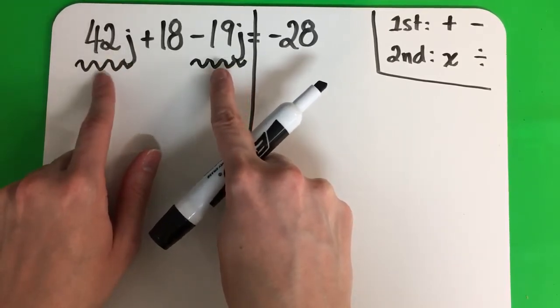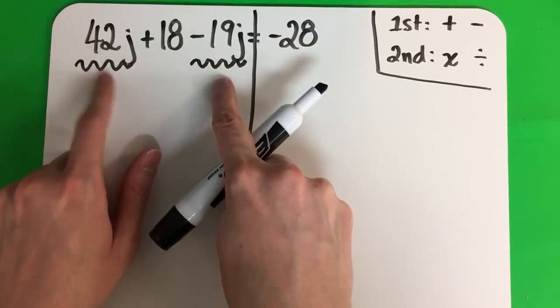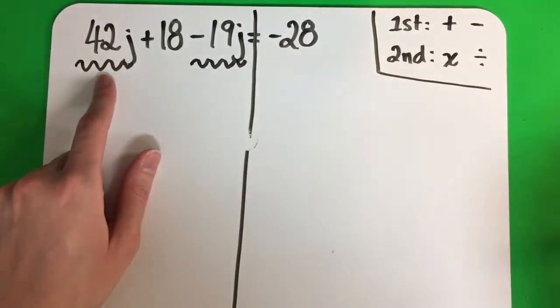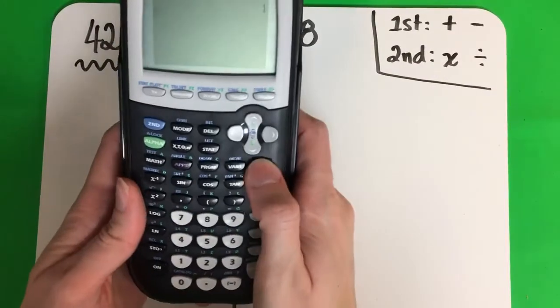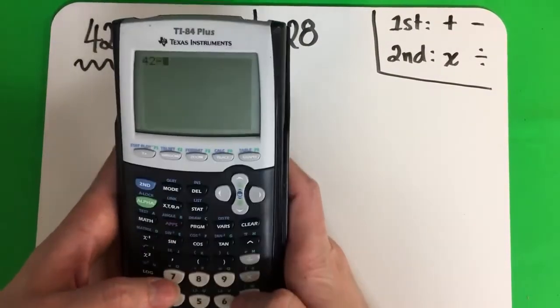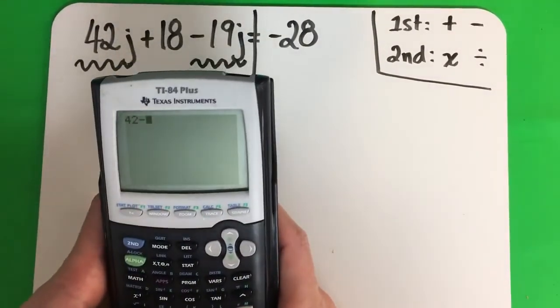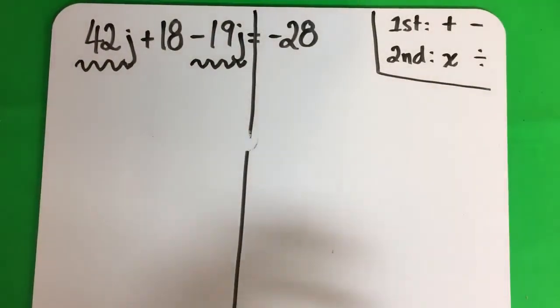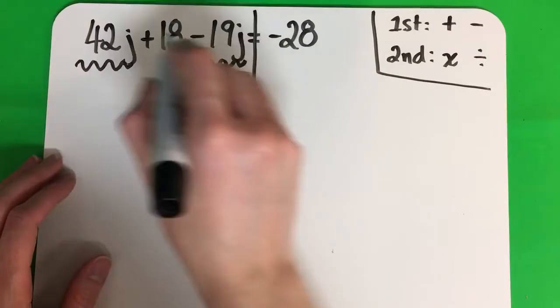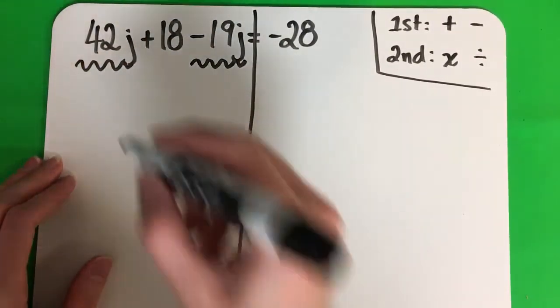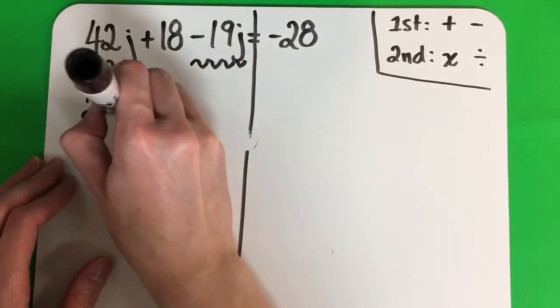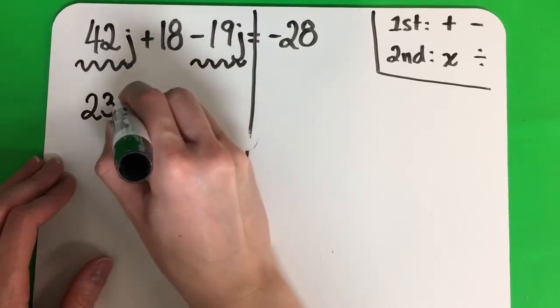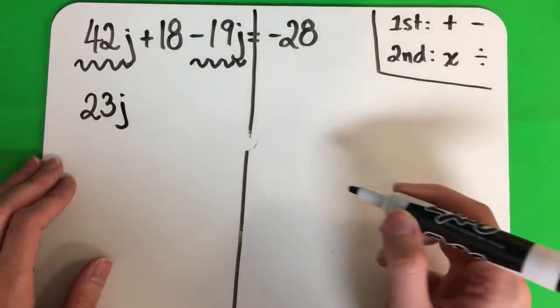So 42 minus 19. 42 menos 19. 23. So together, juntos, son 23. And copy the letter, la letra J.